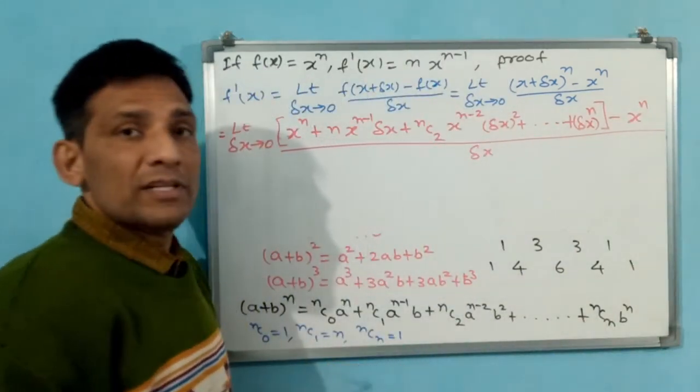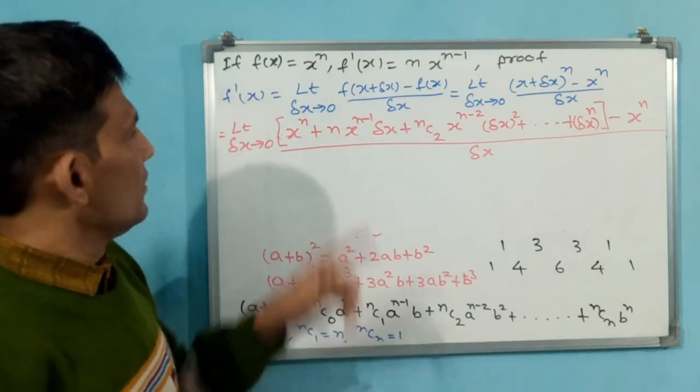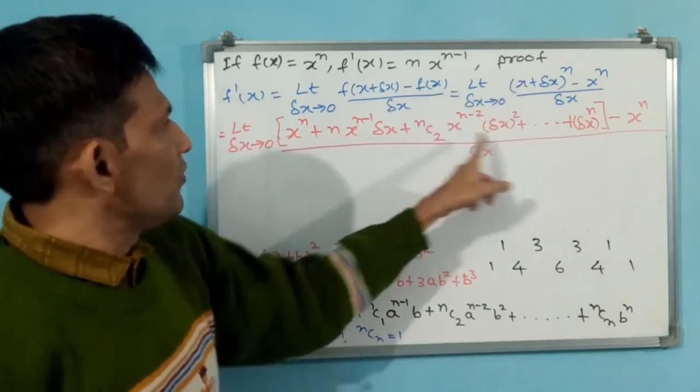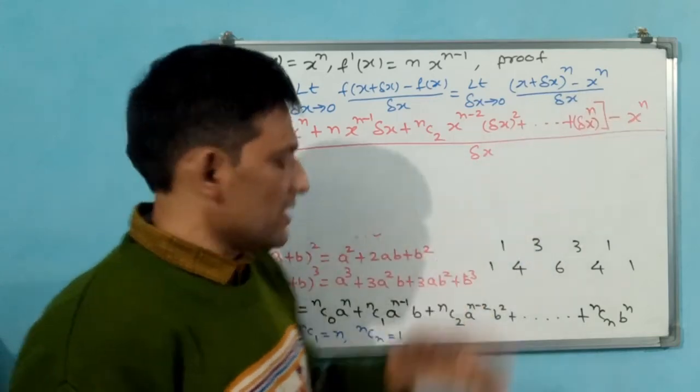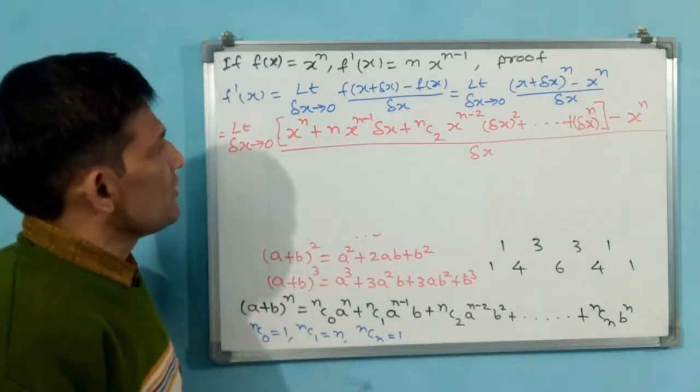Now you understand carefully. This is the expansion of (x plus delta x) whole power n minus x power n, divided by delta x. Now you proceed further.